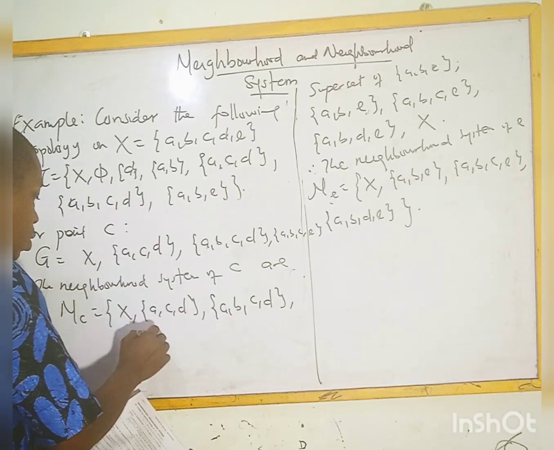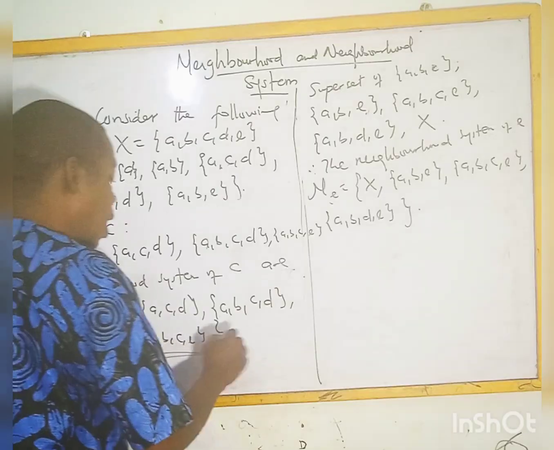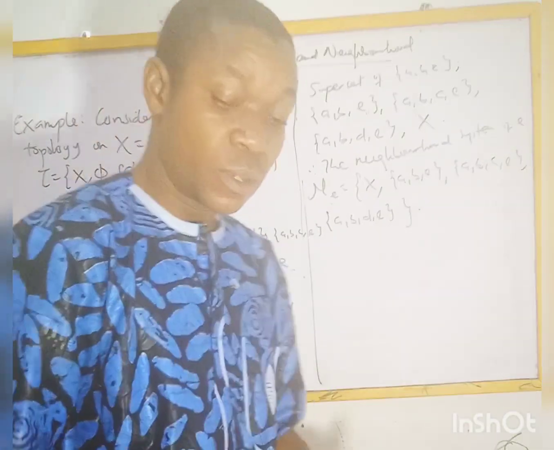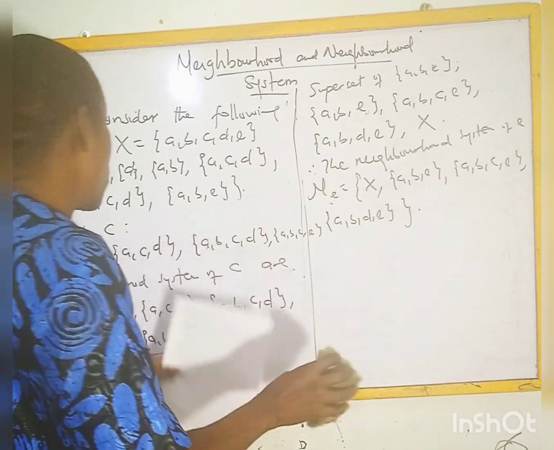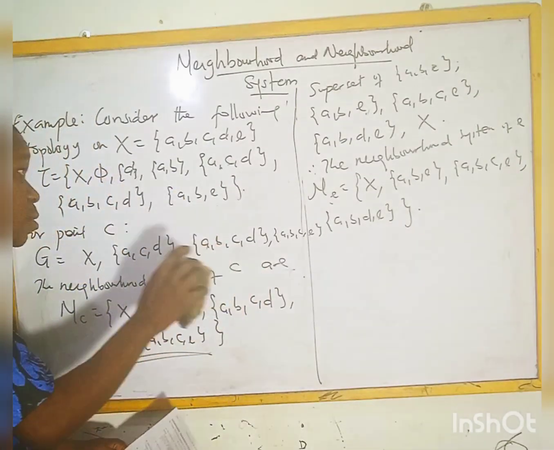So this is how you can obtain the neighborhood system of a point. This is how you can take the neighborhood of a point.